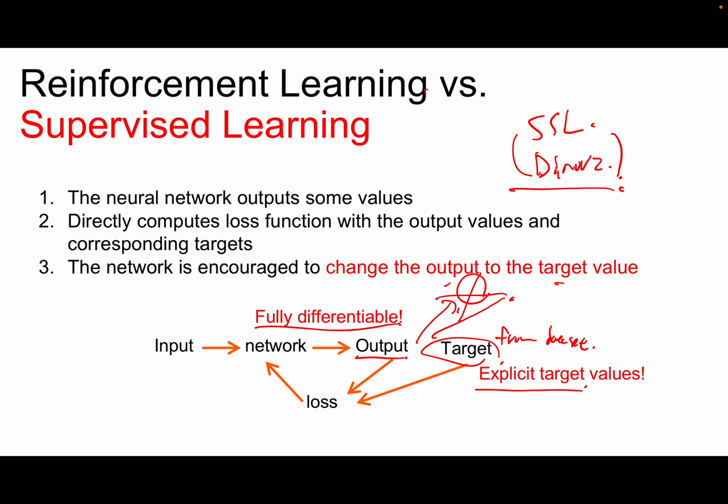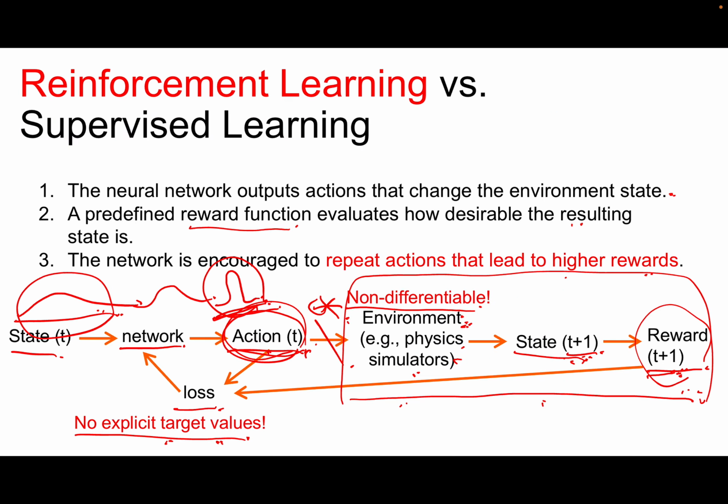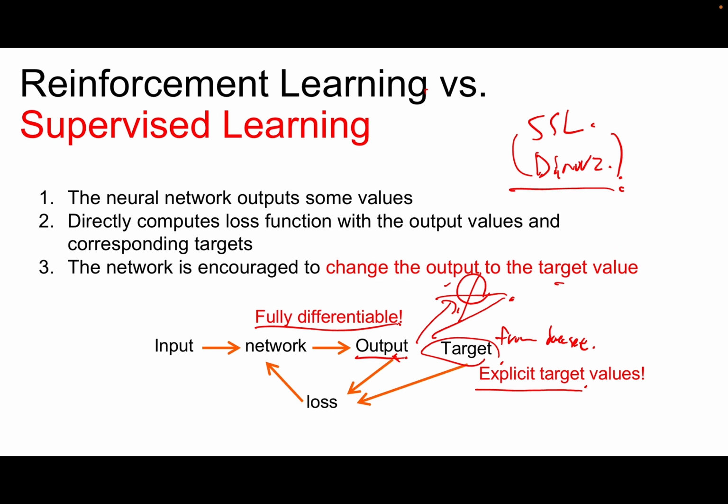Such unsupervised learning algorithms do not introduce an additional environment. We just compute some loss function directly at the output of the neural network. But in reinforcement learning, we need to introduce an additional environment. In the case of a robot, we need to introduce the laws of physics, so we need an additional environment. That is the difference between reinforcement learning and unsupervised learning, and between reinforcement learning and supervised learning.